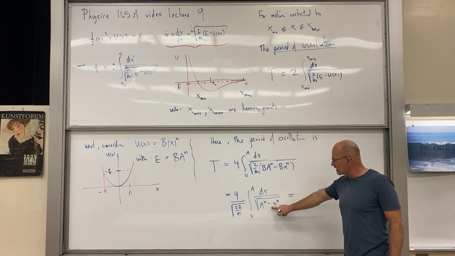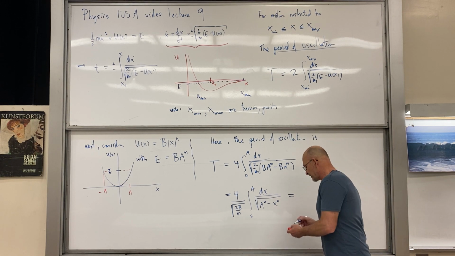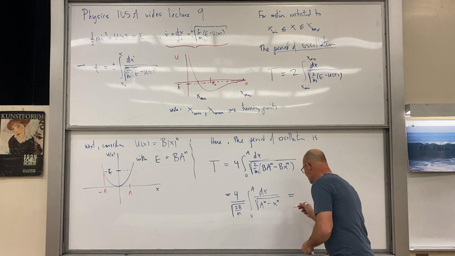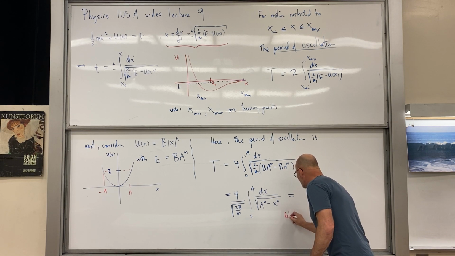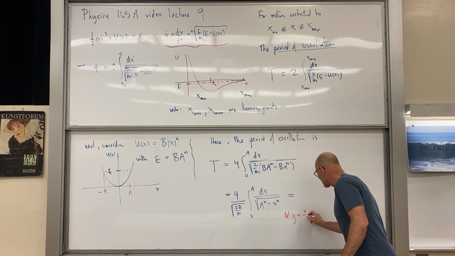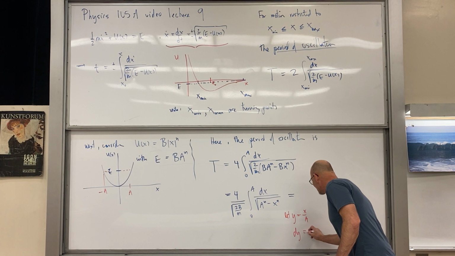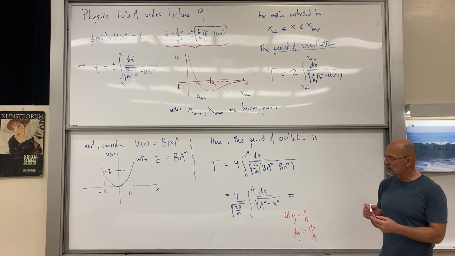We can turn this into a dimensionless integral, and I'll write under here in red, let y equal x divided by a, then dy is equal to dx divided by a. So that's going to be our substitution.